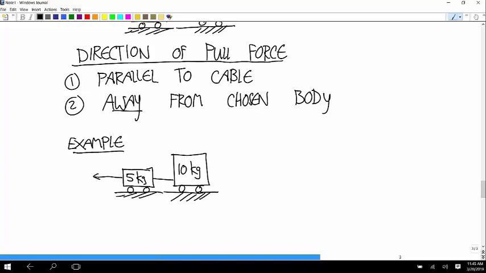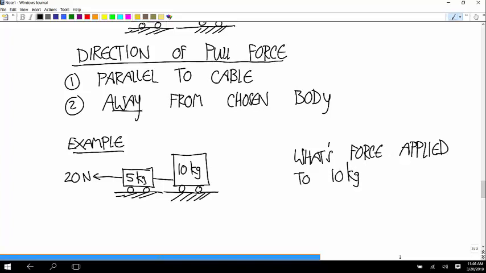And we're applying a force of 20 newtons. And we want to know what's the force applied to the 10 kilogram cart by the cable.